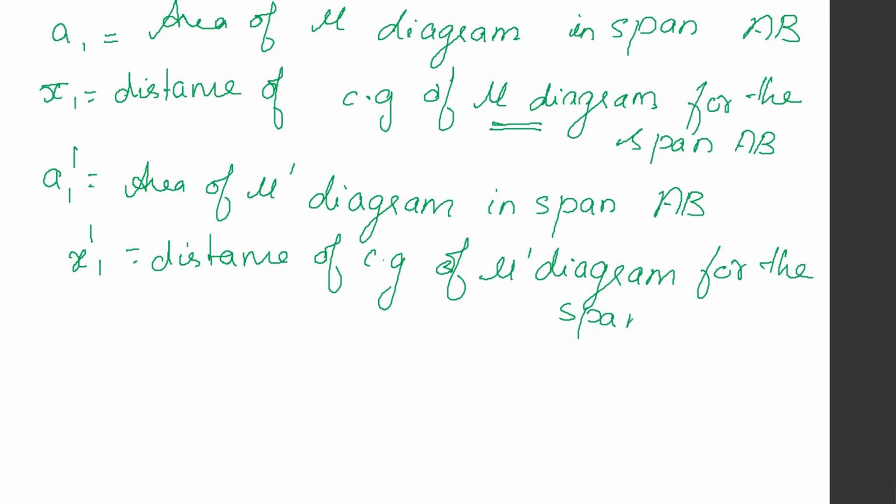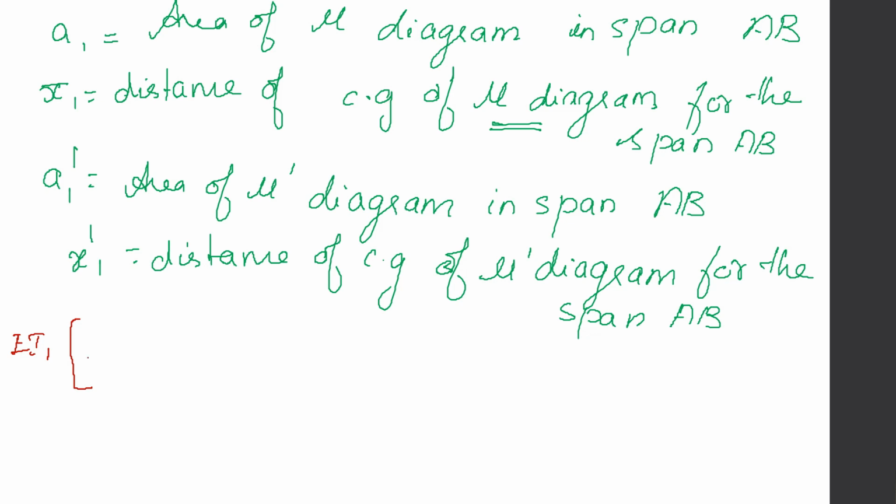Now our equation becomes E into I1 into, we are substituting the limits. So x varies from 0 to L1.